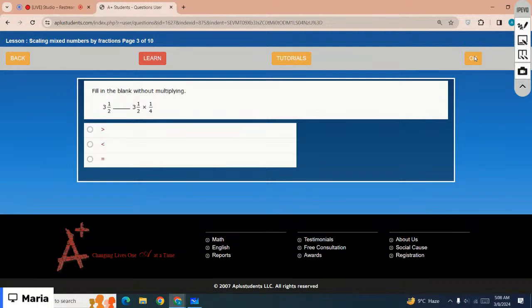3 whole 1 over 2, you have to compare it to 3 whole 1 over 2 times 1 over 4. So which is the correct option?